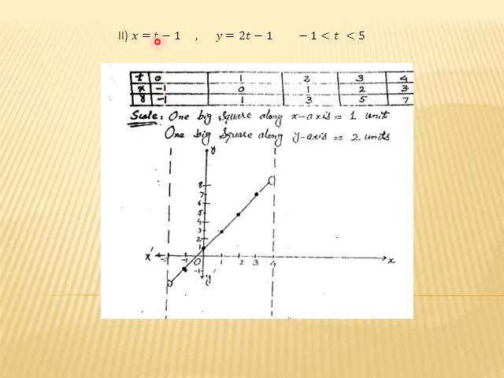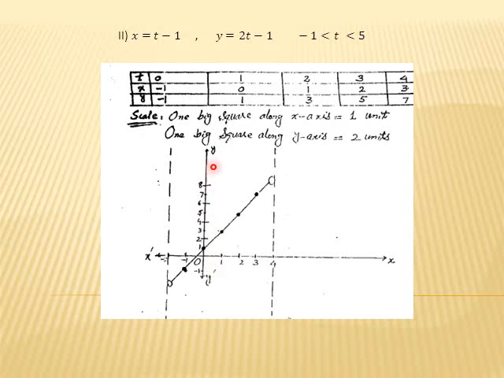If t is 0, then 0 minus 1 is minus 1, 1 minus 1 is 0, 2 minus 1 is 1, 3 minus 1 is 2, and so on. And here if t is 0, 0 minus 1 is minus 1, 1 to the 2 minus 1 is 1, and so on.